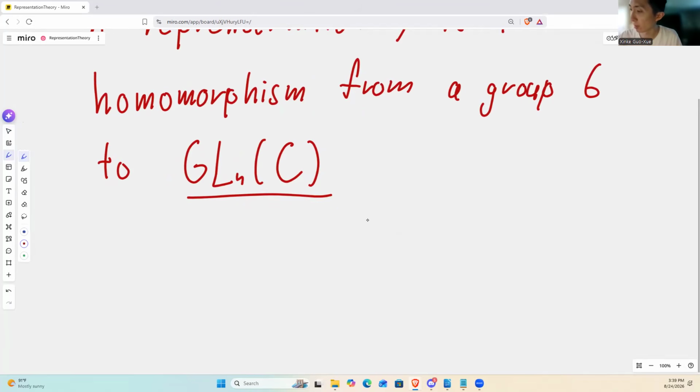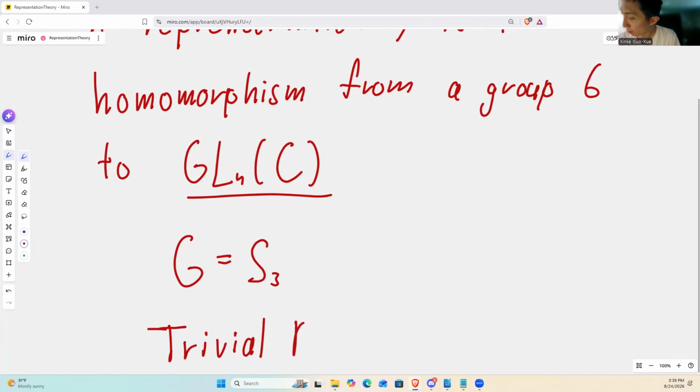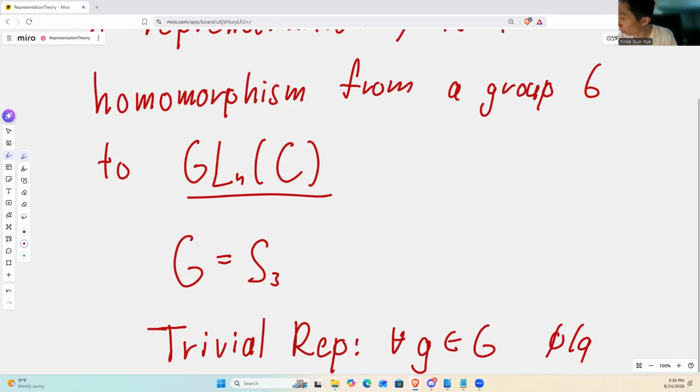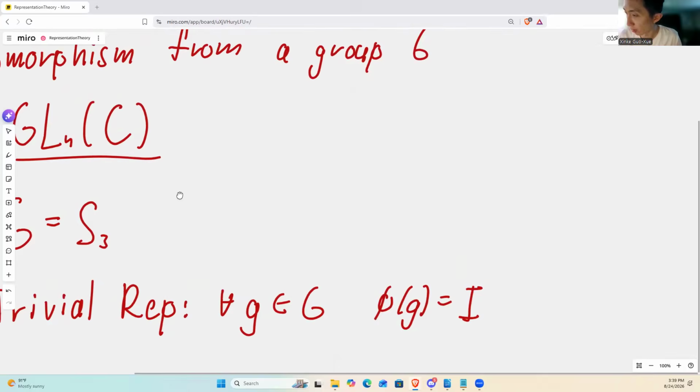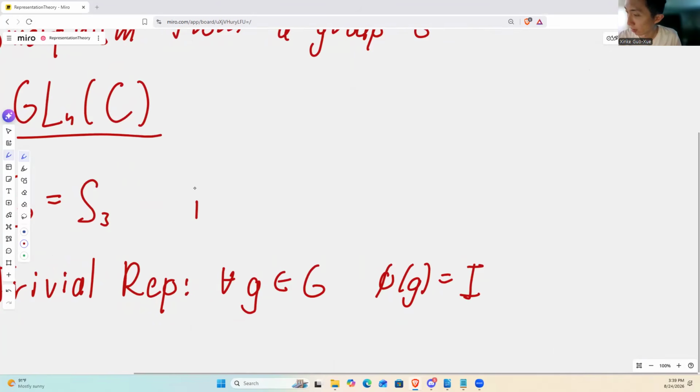So for instance, if the group is S3, the symmetric group on 3 vertices, then the trivial representation is like, for all g in G, rho of g goes to the identity matrix. So let's say this is like n equals 2.